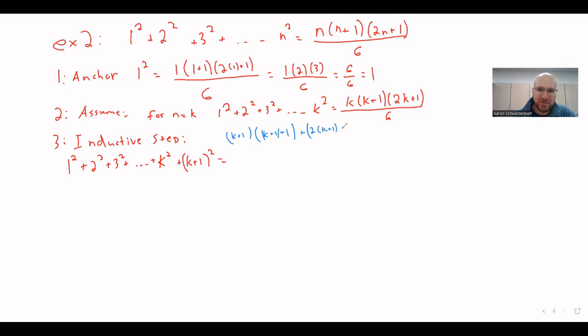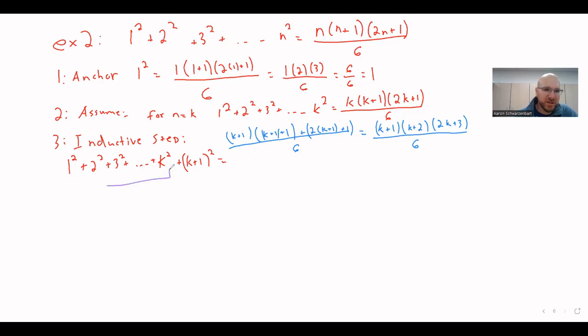And I do actually need to get back to show that, which when I simplify this out is k plus 1 times k plus 2, 2k plus 3. That's what I'm trying to get.